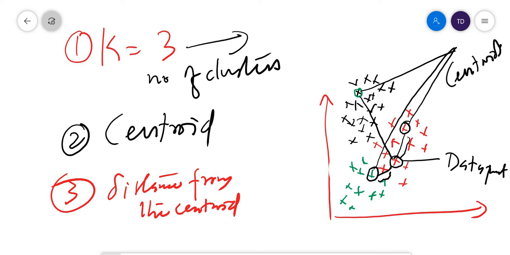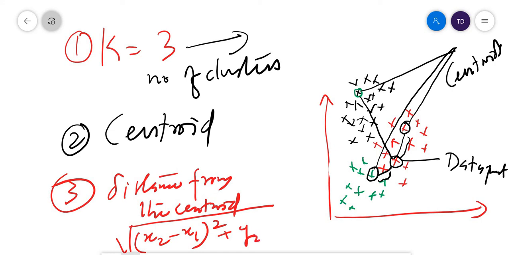You can calculate the distance by using different formulae: Euclidean distance formula, Manhattan formula, or Minkowski distance formula. These 3 are the commonly used distance formulae. If you are using the Euclidean distance formula, this is the formula: root of (x2 minus x1) the whole square plus (y2 minus y1) the whole square.